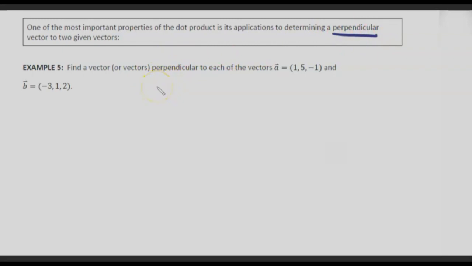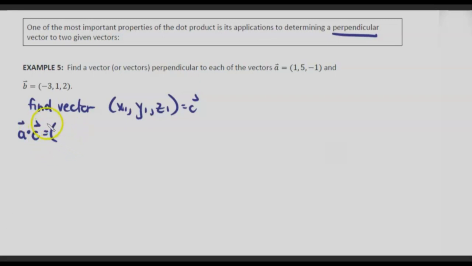Example 5 is just this: find a vector or vectors perpendicular to each of vector A and vector B. So we're trying to find a vector in the form x1, y1, z1, and let's call this vector C. If you think about A dot C, we have vector A, which is 1, 5, -1, dotted with x1, y1, and z1, and that's going to equal 0.